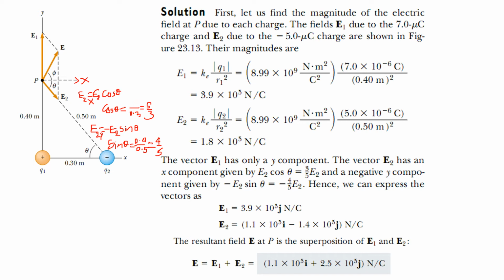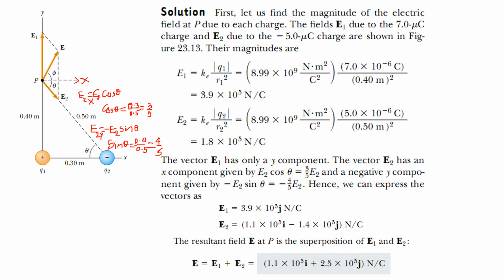Then we have cosine equal to the adjacent side divided by the hypotenuse. The adjacent side is 0.3 divided by the hypotenuse 0.5, which means 3 over 5.